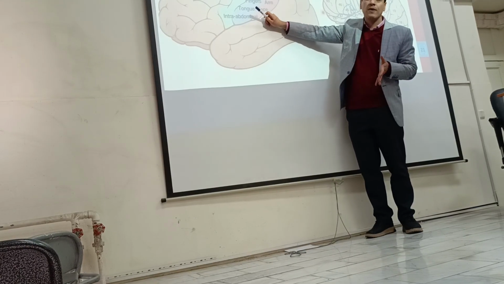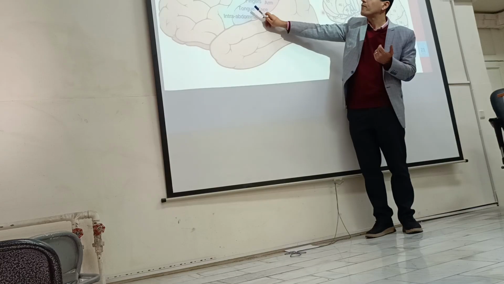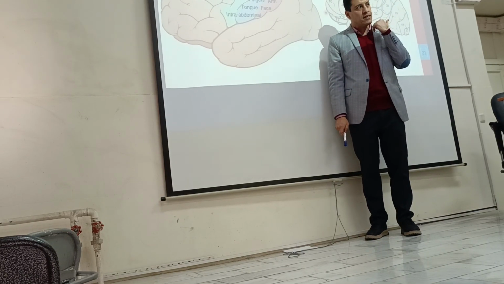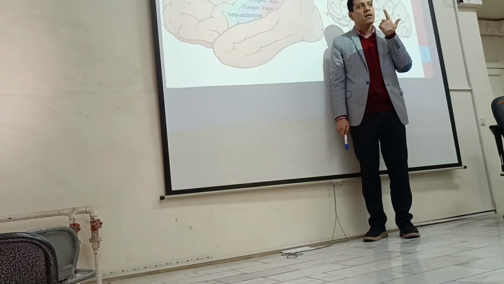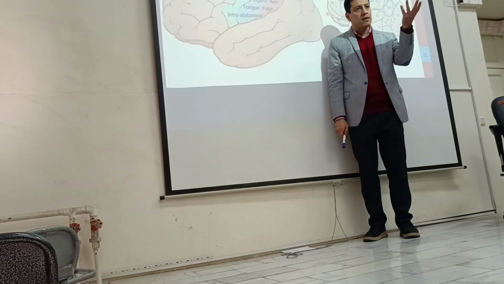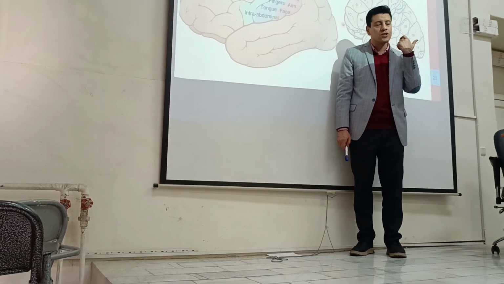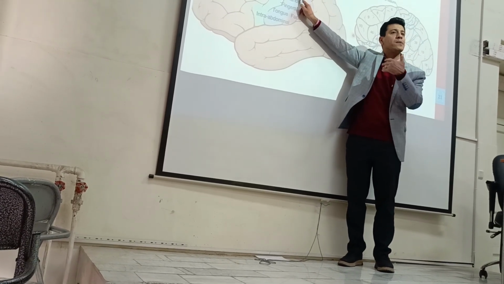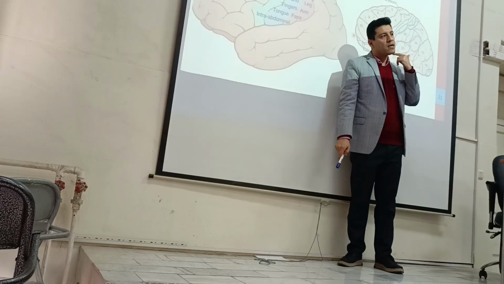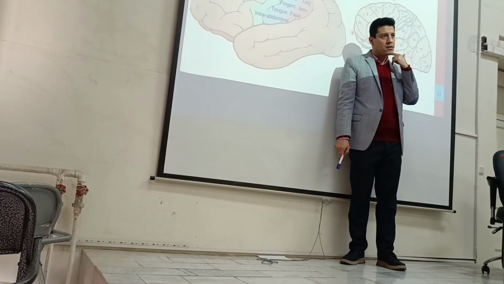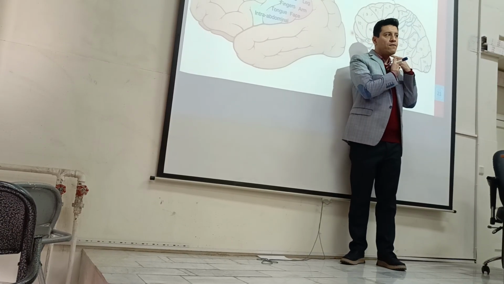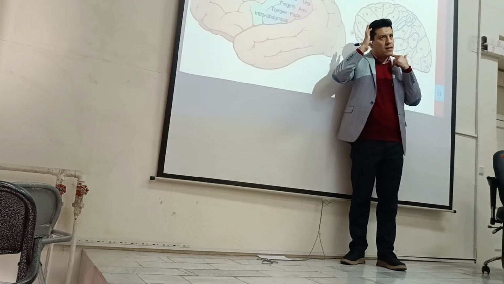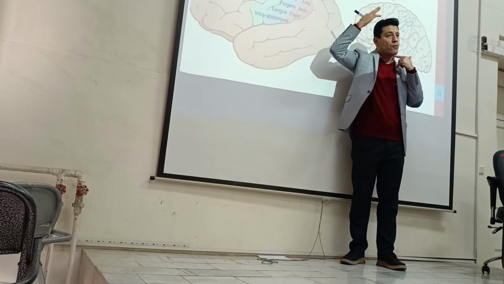So what does this mean? For example, if we touch the neck, we can feel it. Where in the brain do we feel this touch? On the opposite side. If I touch the left side, this information goes to the opposite side and reaches somatosensory area 1.